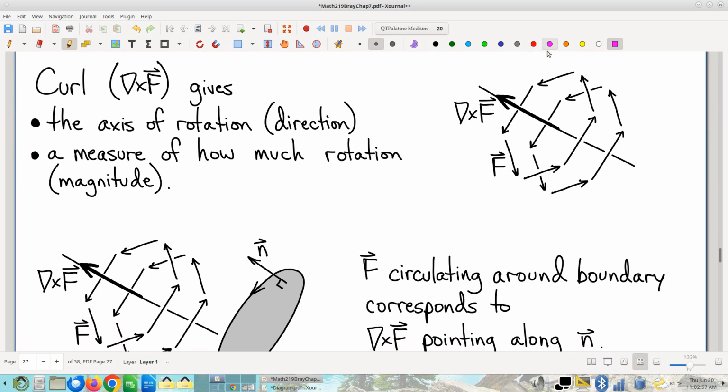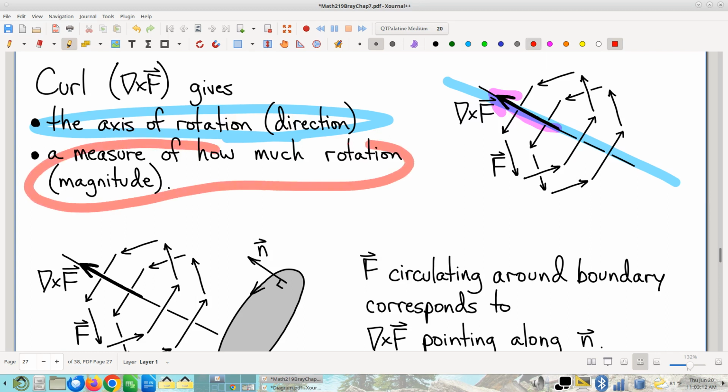But again, here is our curl vector, and that is telling us by way of the direction that vector points, the axis that the fluid's rotation is going around. And by its magnitude, it's giving us some sort of an indication of how much of a tornado that is. Is that a very strong tornado with a lot of rotation of fluid, or is it this kind of gentle, much less rotation?